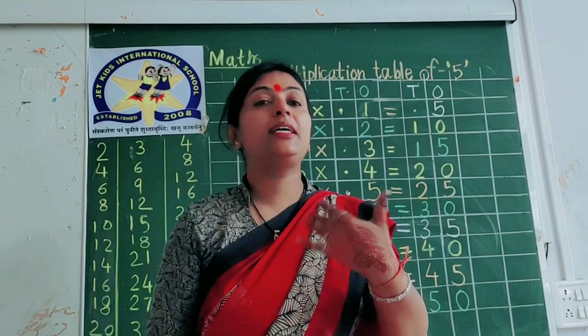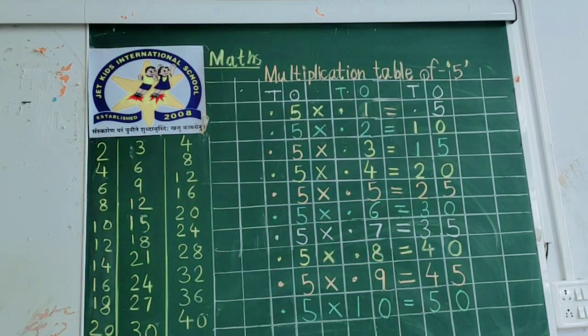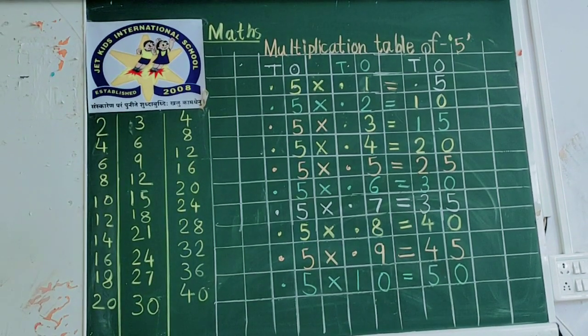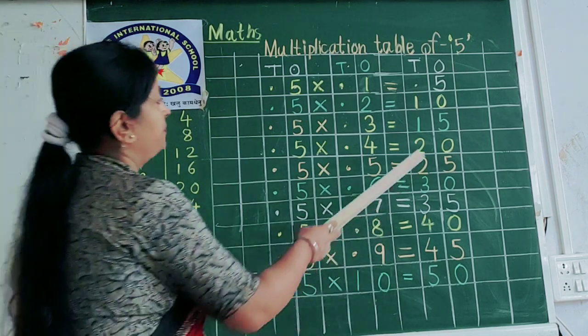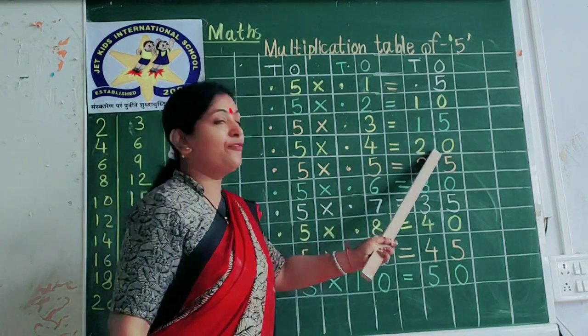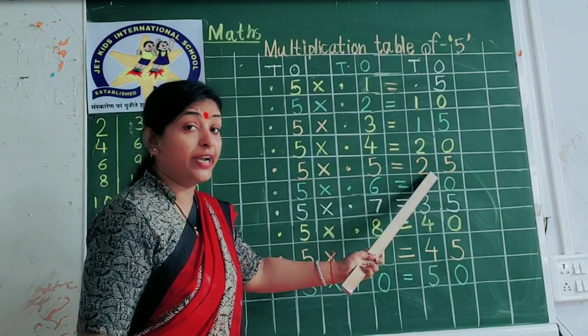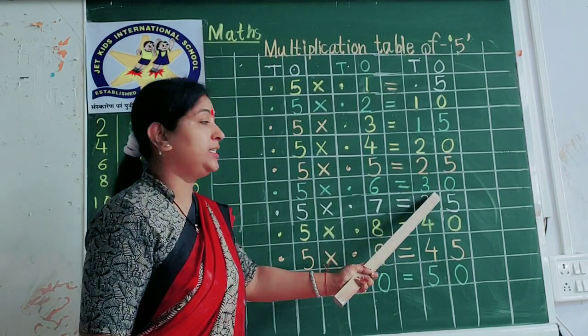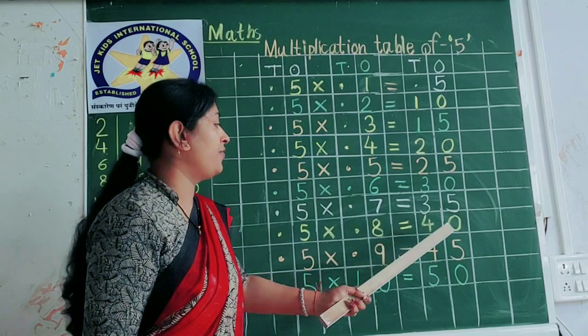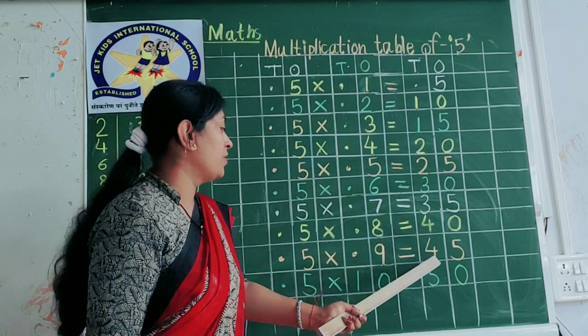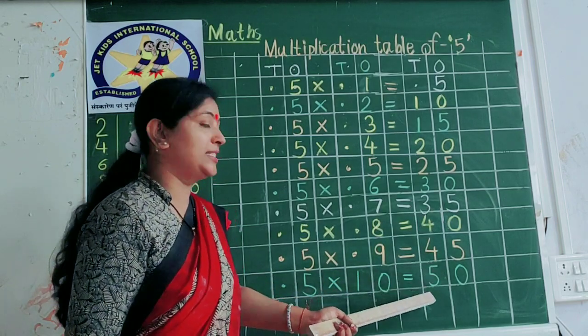Okay, now you have to increase the speed of this. So kids, you can see on the board, you can see on the board. Okay, so here we have to say 5 1s are 5, 5 2s are 10, 5 3s are 15, 5 4s are 20, 5 5s are 25, 5 6s are 30, 5 7s are 35, 5 8s are 40, 5 9s are 45, 5 10s are 50.